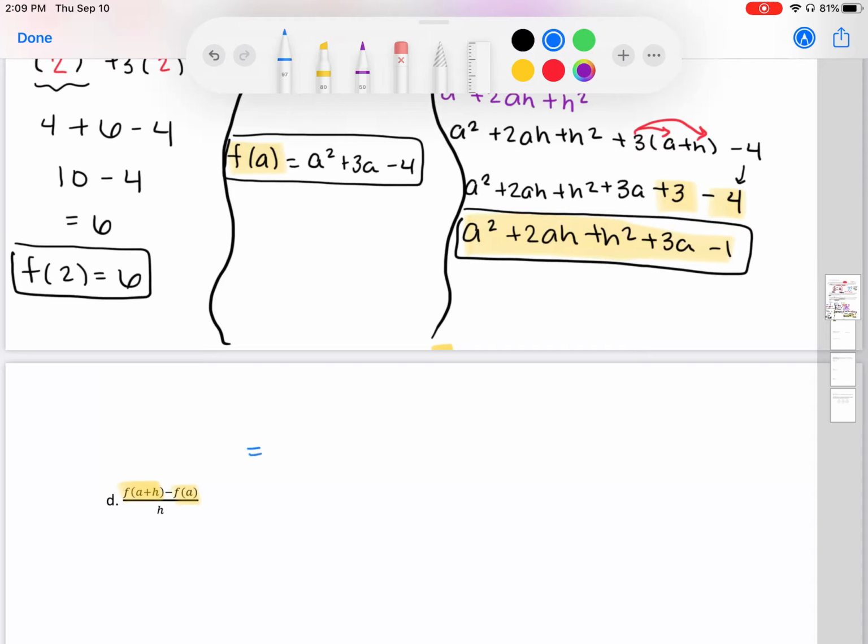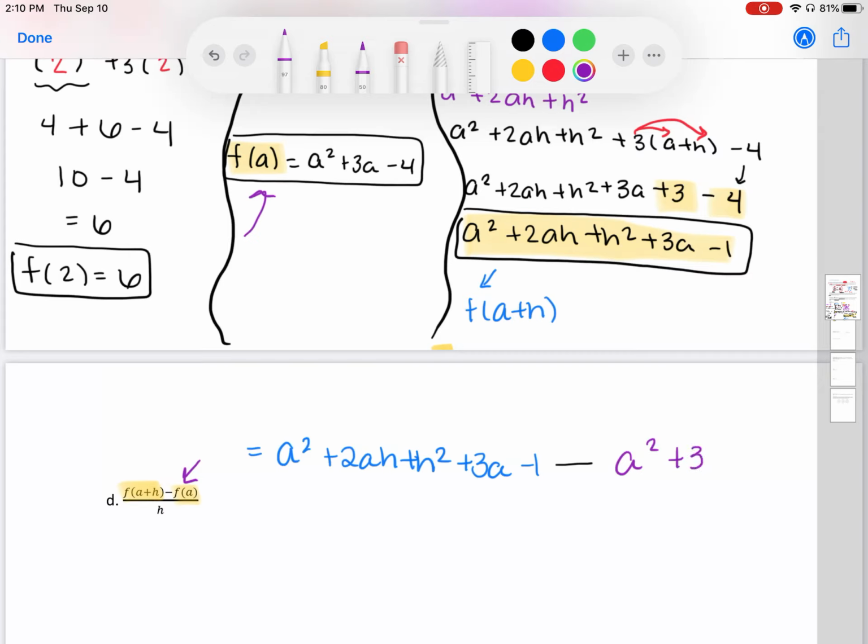F of a plus h is a squared plus 2ah plus h squared plus 3a minus 1. Minus, and then we're going to subtract f of a. Well, we already have f of a. F of a is a squared plus 3a minus 4.